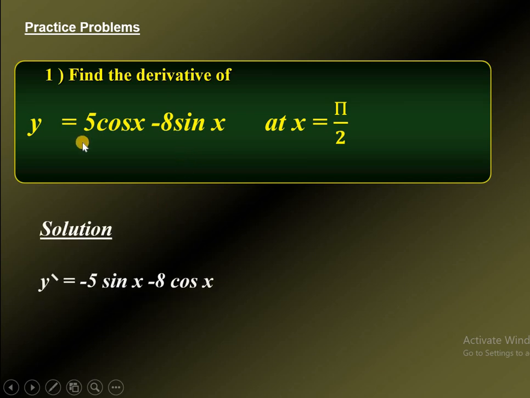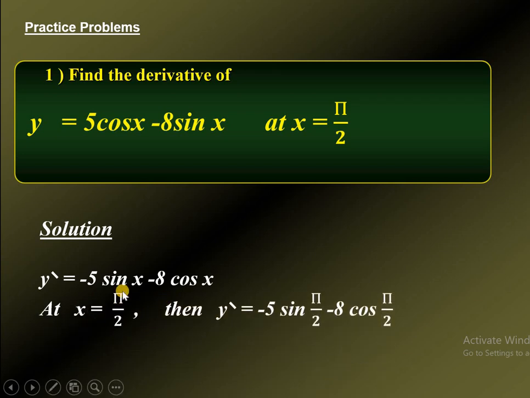Solution. 5 cosine x. 5 is a constant, but cosine x, I'm going to switch it to be negative sine x. And sine x switches to be cosine x. Again, 5 cosine x, the derivative is negative 5 sine x. Cosine switches to be negative sine. Second term negative 8 sine, just switch the sine to be cosine and the negative 8 as it is.